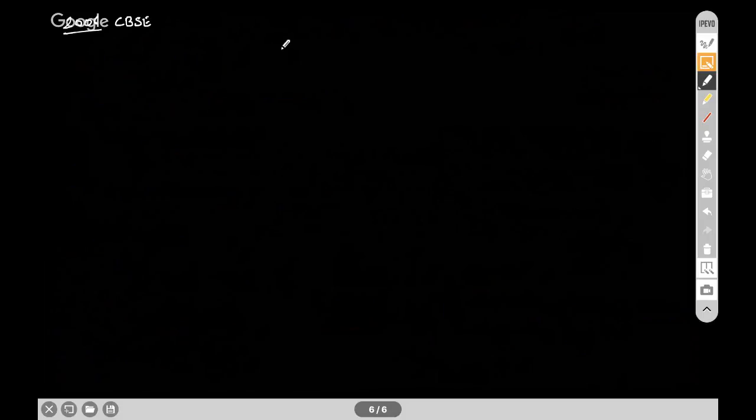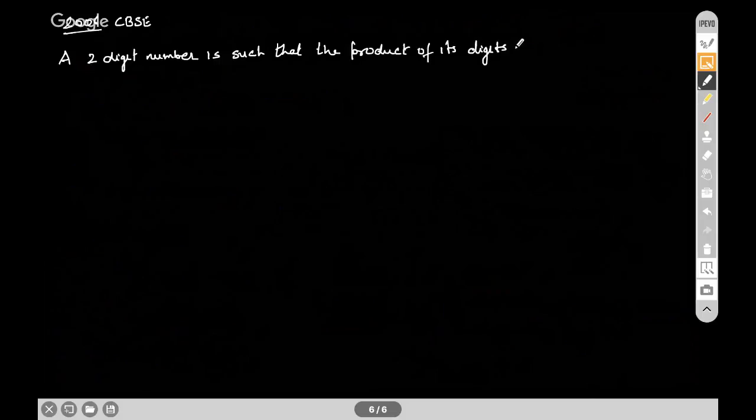Okay. Let us take another question. This question was asked in 2006 CBSE. What is the question? A two-digit number is such that the product of its digits is 18.